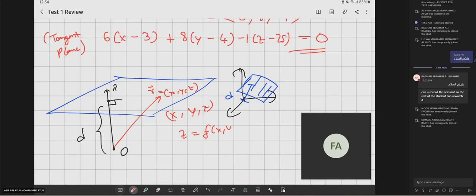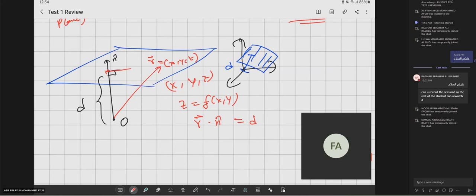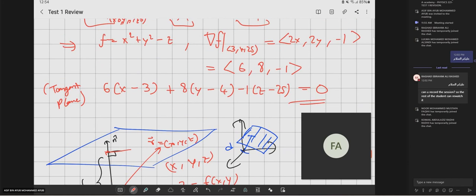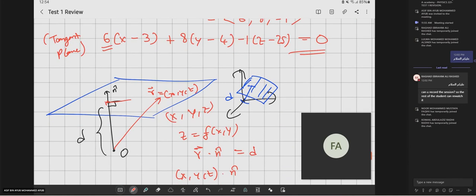So I'll have r dot n hat. This distance is simply r dot n hat equals d. This is the equation of the plane. So if r is some x, y, z, then the direction of n, you can interpret these numbers to be the vector that is parallel to n hat.